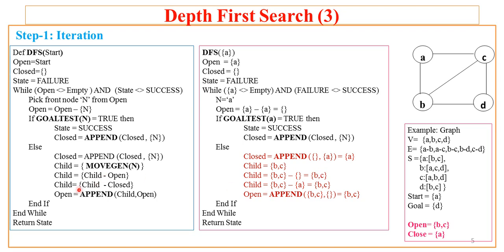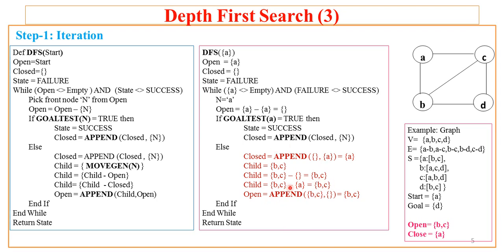Also from the child node we try to remove whatever is there in the closed. In the child list we have B and C, and in closed we have A. So we'll try to remove A from BC. As there is no A, child will remain BC. And here the open is updated by appending whatever is there in the child at the beginning.